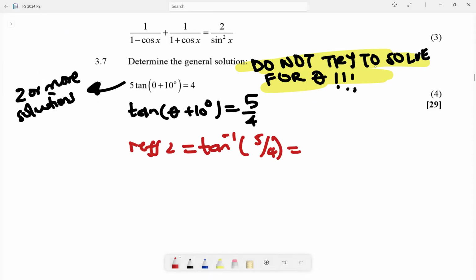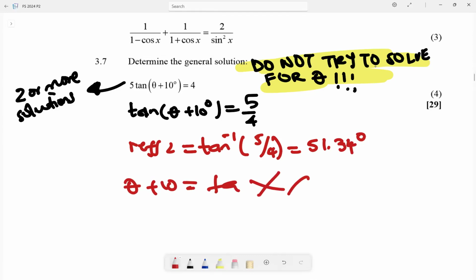My reference angle is tan inverse of 5 divided by 4, which is something like 51.34. Can you see, I did not say theta plus 10 is equal to arctan. I said my reference angle. My reference angle is everything here, but I do not write it like that.